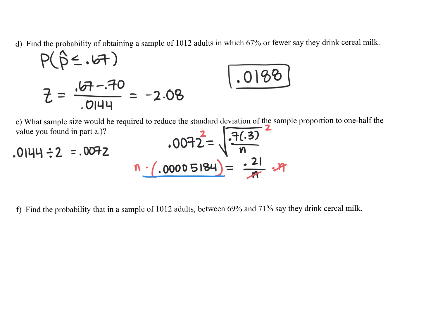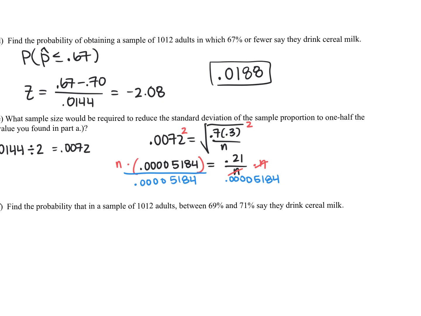So now I'm going to divide both sides by 0.00005184. So I'm going to take my 0.21 and I'm going to divide it by 0.00005184. And I'm going to get, because it's going to be a decimal, that n has to be approximately 4,051.